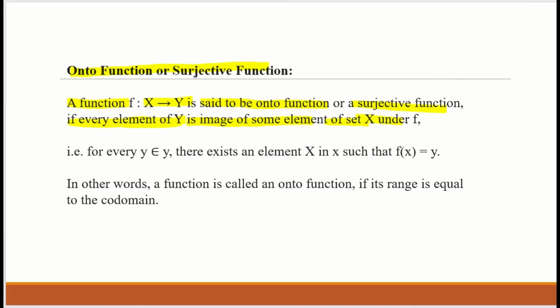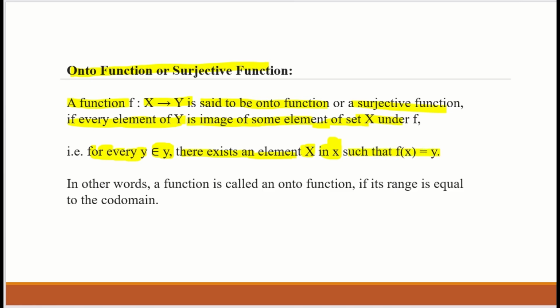It means that every element of the codomain must be the image of some element in the domain. For every y in the codomain there exists at least one element x in the set x such that f of x is equal to y.